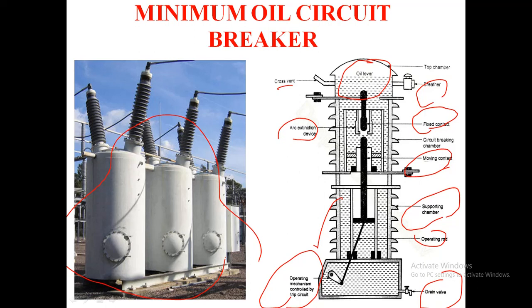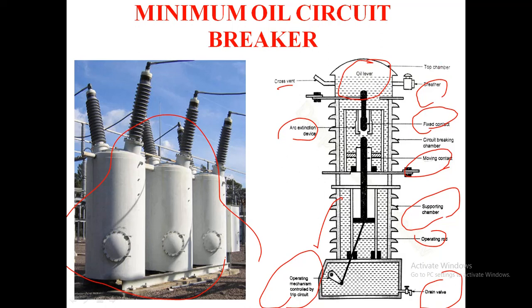Coming to the working or construction part, there are two separate compartments, separated from each other, and both are filled with oil. The upper chamber, that is the top, is called the breaking chamber, while the lower is called the supporting chamber.